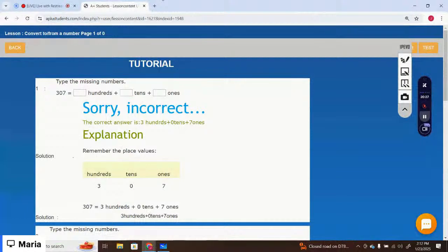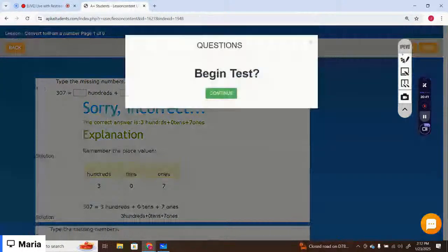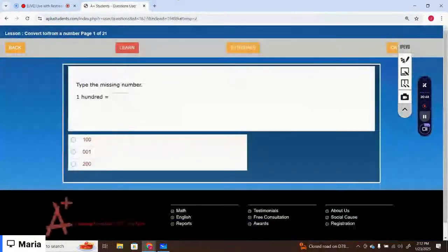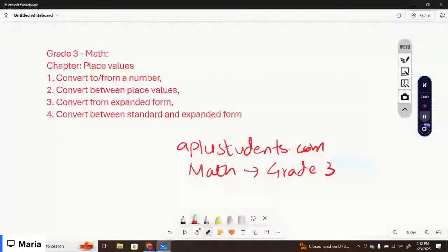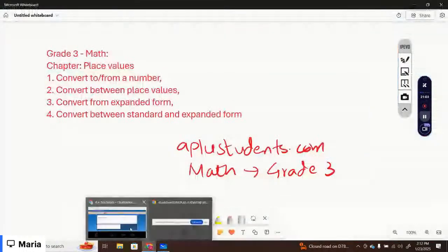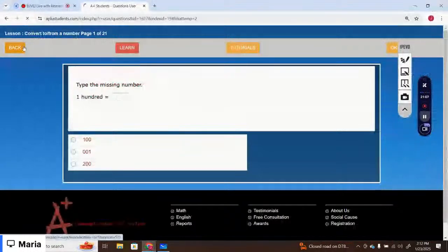So you have 300s, 0 tens and 7 ones. Let's just start with the test questions. Type the missing. That is the same we just did, right? Yes, that is exactly the same. I'm again on the same lesson.